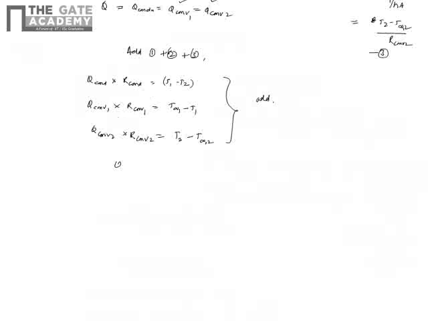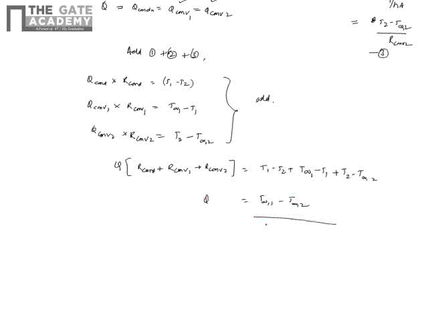So when you add this, Q times the total resistance, conduction plus convection 1 plus convection 2, and when you add this, T1 minus T2 plus, so what I get is T infinity 1 minus T infinity 2 equals Q times the total resistance, R conduction plus R convection 1 plus R convection 2.